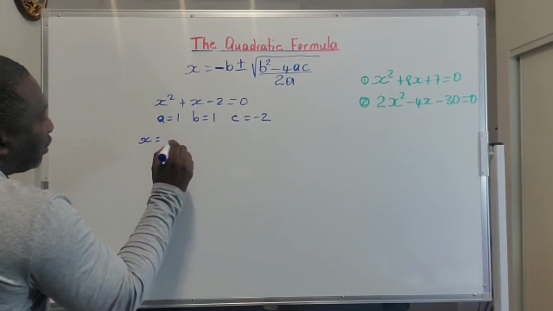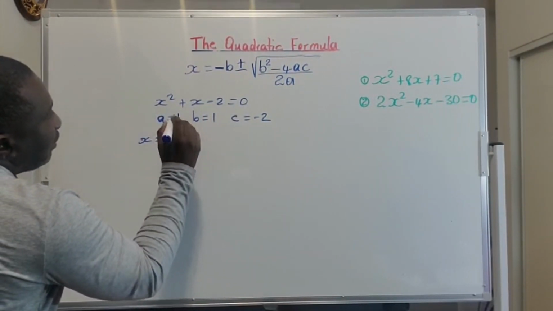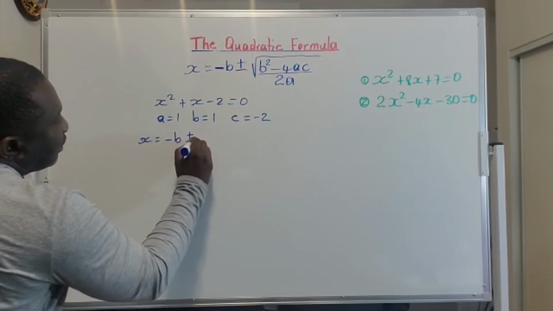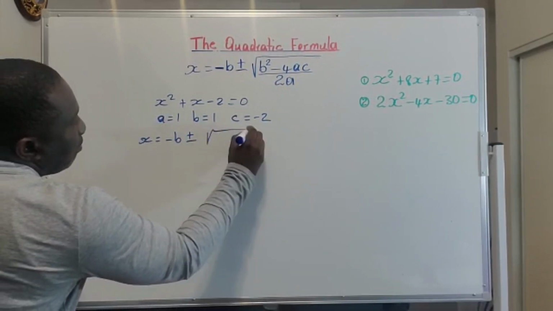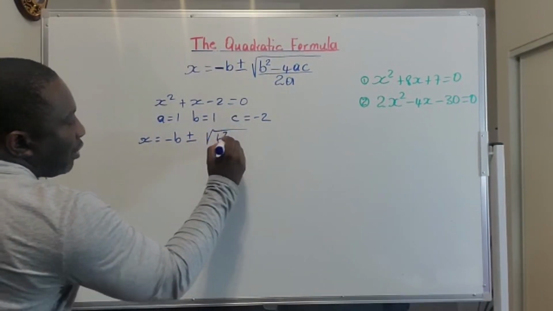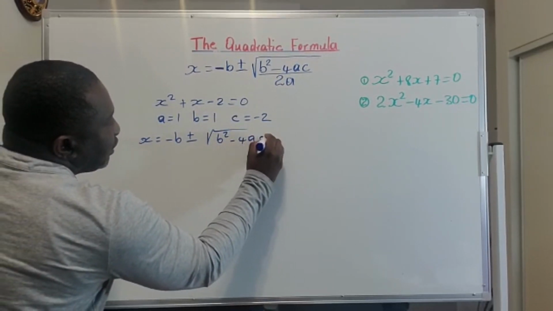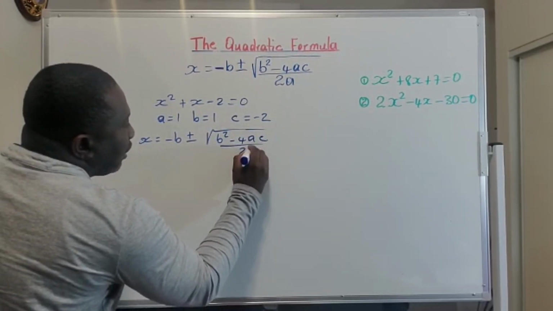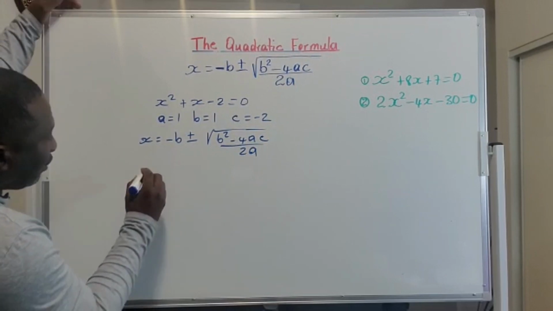X is equal to -b plus or minus the square root of b squared minus 4ac all upon 2a. So I substitute the value.